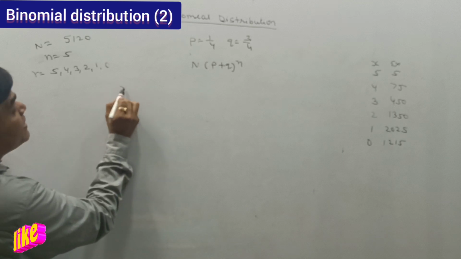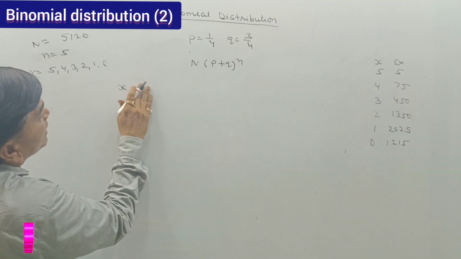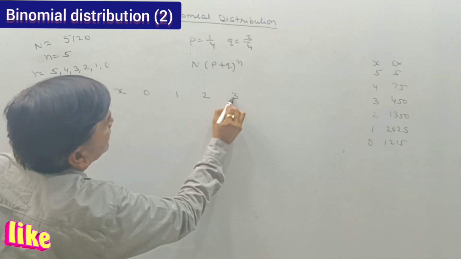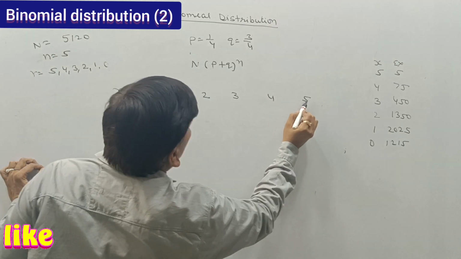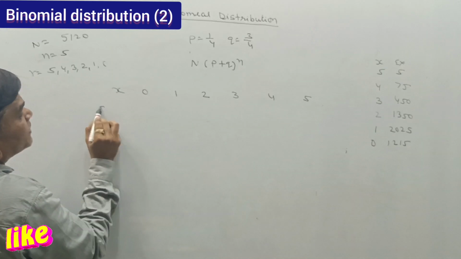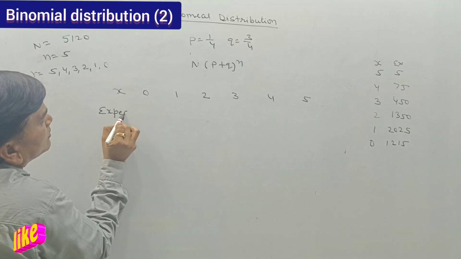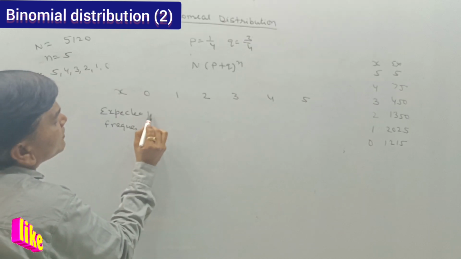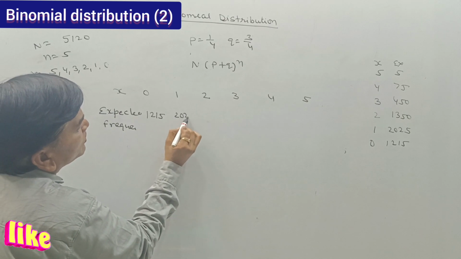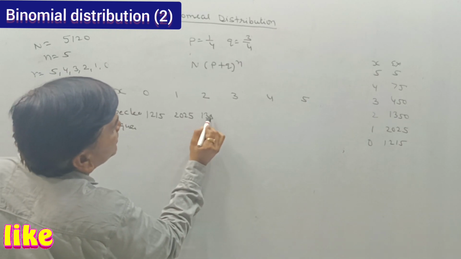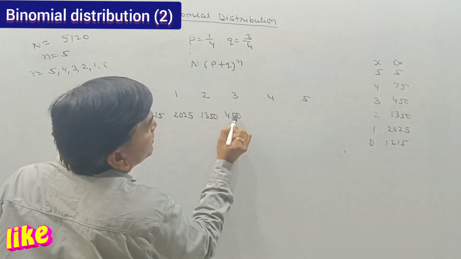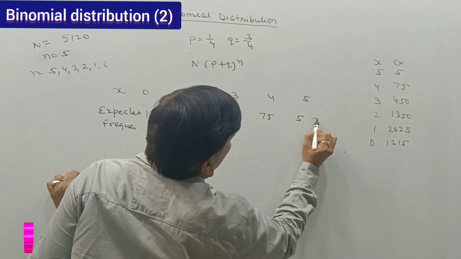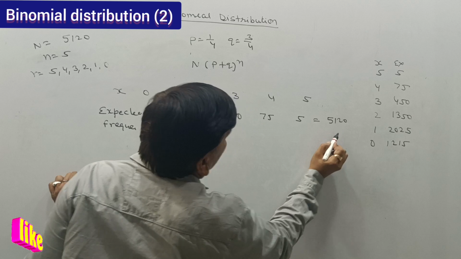The expected number of destroy is 0, 1, 2, 3, 4 and 5, with expected frequency. 0 destroy, that is 1215. 1 destroy, that is 2025. 2 destroy, that is 1350. 3 destroy, that is 450. 4 destroy, that is 75, and 5 have all 5 destroy. If we total this, we get 5120.